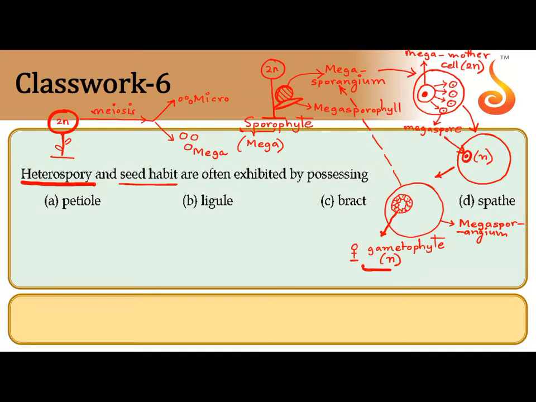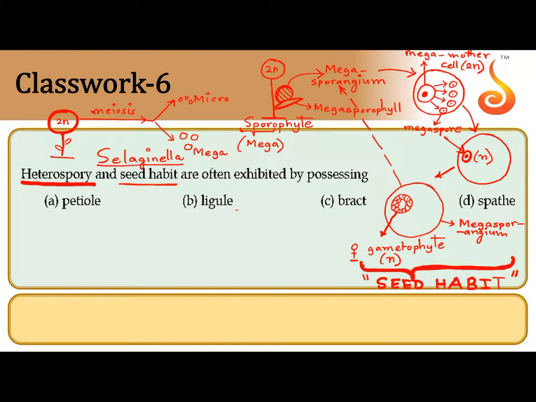Now, this habit where the megasporangium consists of a developing female gametophyte within is referred to as the precursor for the seed habit. If you go through the synopsis, you will understand what is the true meaning of seed. So I've just given you the simple explanation, and this is seen in a plant that is called Selaginella in Pteridophyta. And which is a characteristic feature of Selaginella?